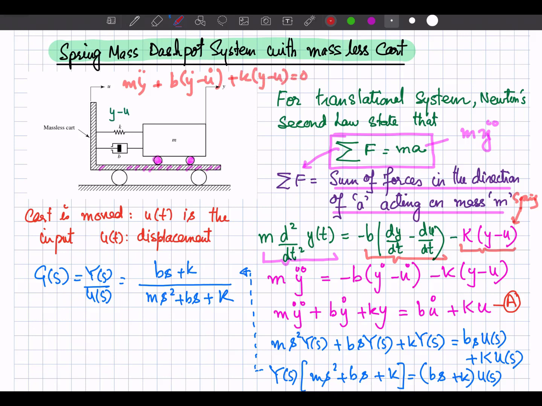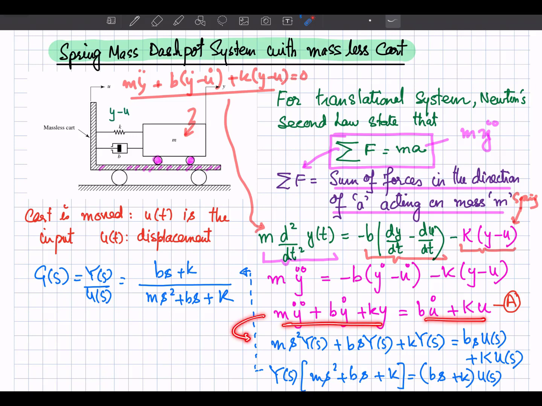Sum of all the forces acting on this mass should be 0, must be balanced. You can write this equation or you can write it like this, right? So rearranging this equation, I can write it like that: m y double dot is equal to minus b into y dot minus u dot, minus k into y minus u, and then collecting the y terms on one side and the u terms on the other side.